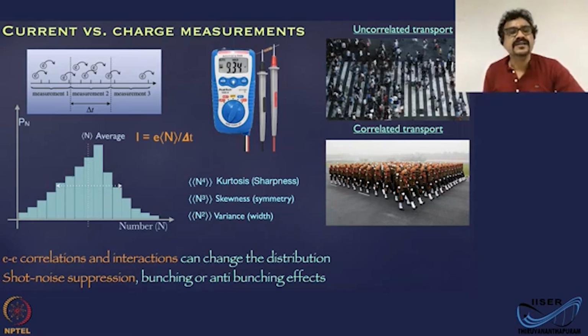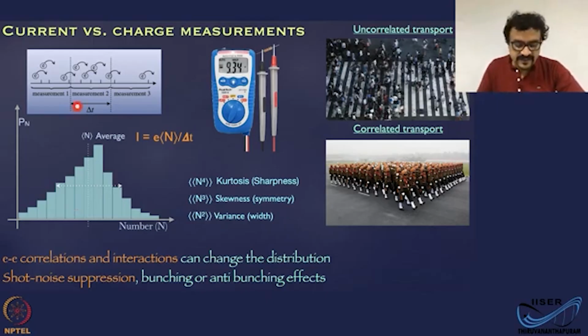What I'm trying to say here is, at some point of time there would be n electrons, maybe the next moment could be n plus 1, or another moment could be n plus 2, and there is a statistics or a fluctuation built into it.